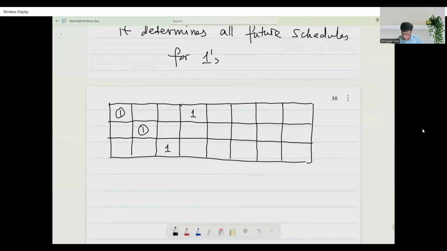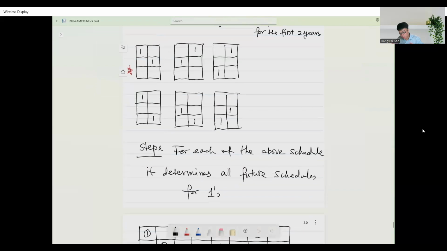So for the 5th year, it must be in the middle. The 6th year, it has to be on the bottom, and next one is on the top, and then in the middle. So we can easily see this clear pattern. This kind of idea applies to other 5 cases. So here, let me just discuss the first case. The claim is that if you determine the schedule for the first 2 years, it will determine all future schedule for 1.